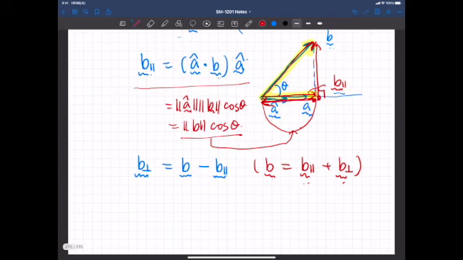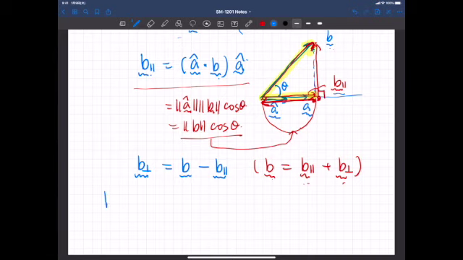So vector B is decomposed into two components which are perpendicular to each other. We can actually show that B perpendicular is indeed perpendicular to A. Let's take the dot product between B perpendicular and A hat. By definition, B perpendicular is B minus B parallel, times A hat.